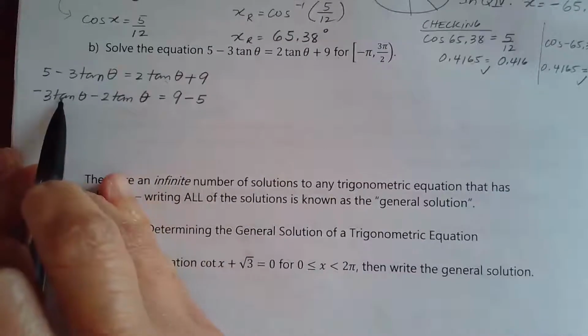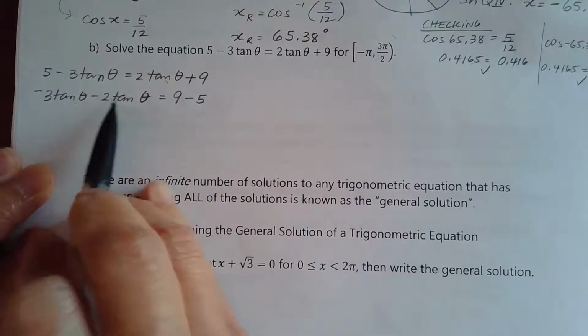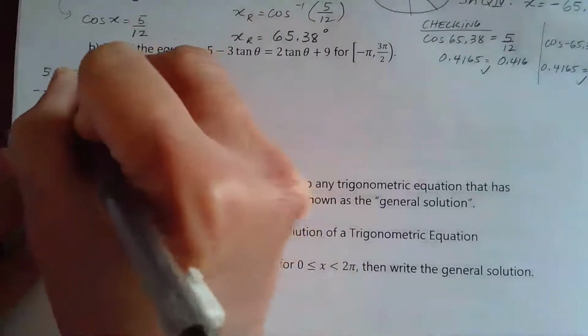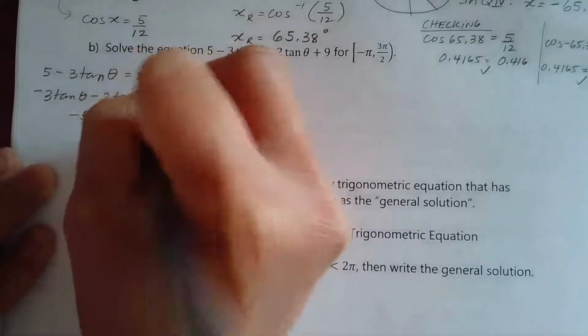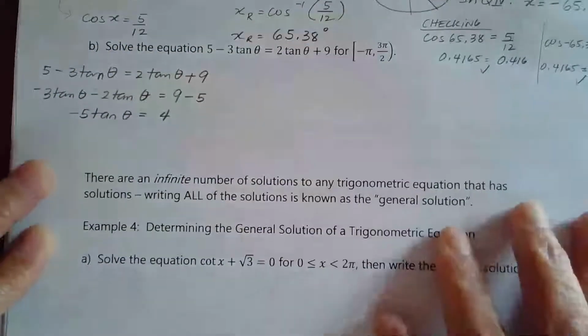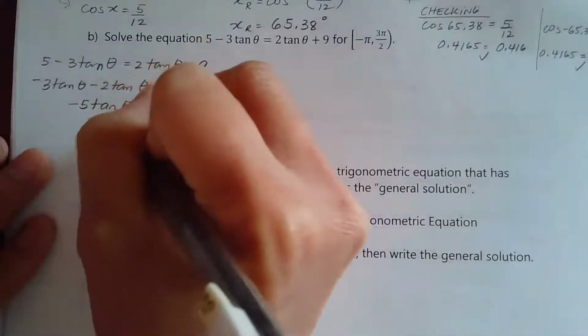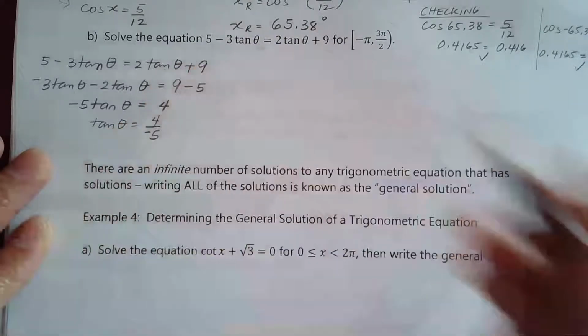Then we can simplify: negative 3 tan theta minus 2 tan theta gives us negative 5 tan theta. So negative 5 tan theta is equal to 4, and then tan theta is equal to 4 over negative 5.